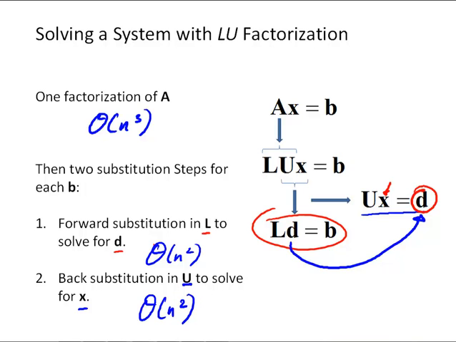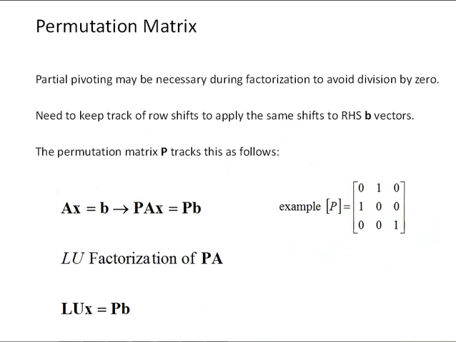So recall one of the things about Gauss elimination, though, is that we might have had to do some partial pivoting to avoid problems of 0 or near 0 as a pivot element. And to keep track of that, now that we've decoupled the right-hand side from the left-hand side, we need to keep track of any partial pivoting that we do.